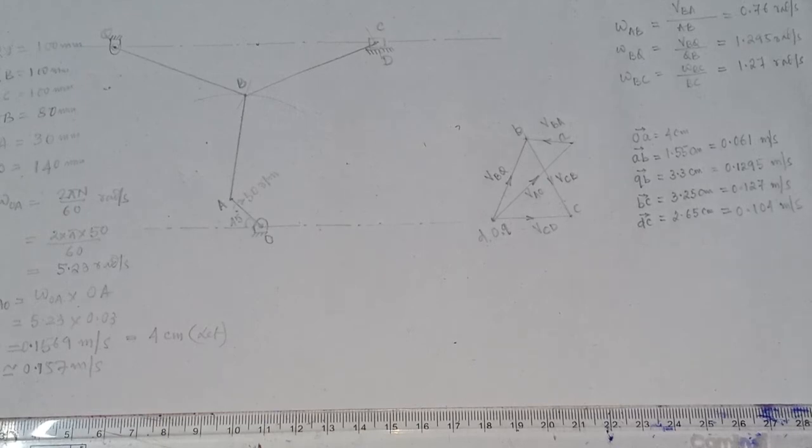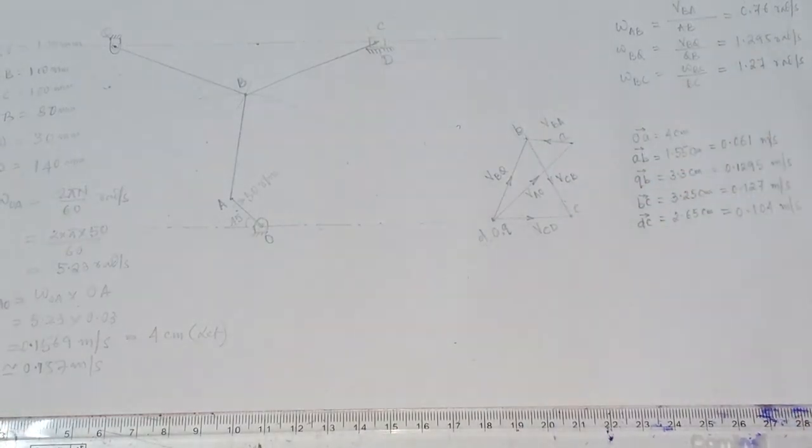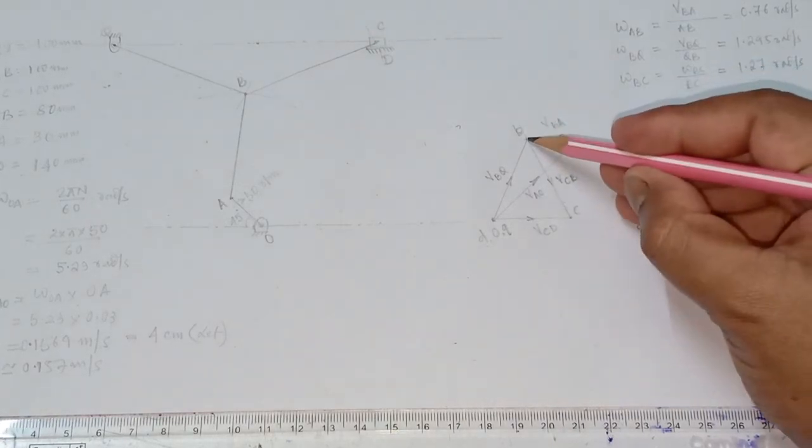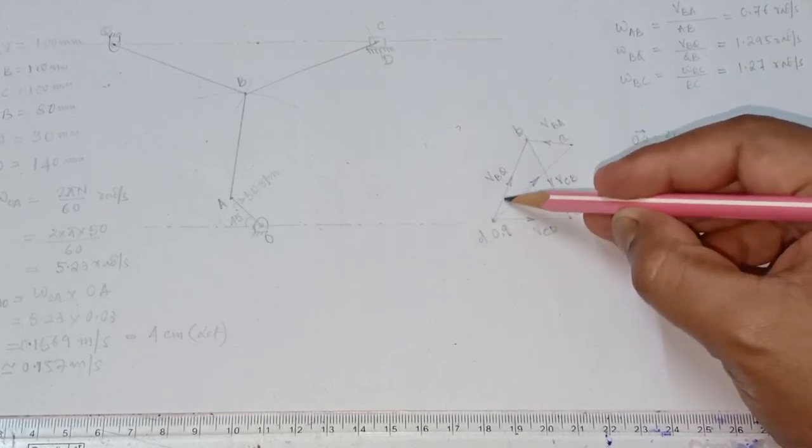Now they told me to find out the velocities of points B and C. Mind it, velocities of points B and C. This means the velocity of point B and the velocity of point C must be found relative to a fixed link. B is connected to the fixed link by VBQ.